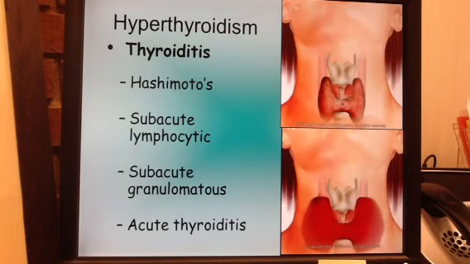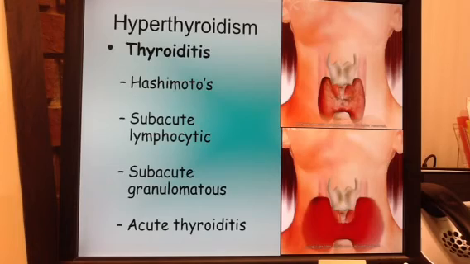There's also a subacute granulomatous thyroiditis, and that's a painful thyroiditis. It happens equally in men and women. It tends to start out as a harmless virus, flu or cold. It invades the thyroid gland. It hurts. The front of the throat is sore, and there may be pain that extends up into the jaw or the ear.